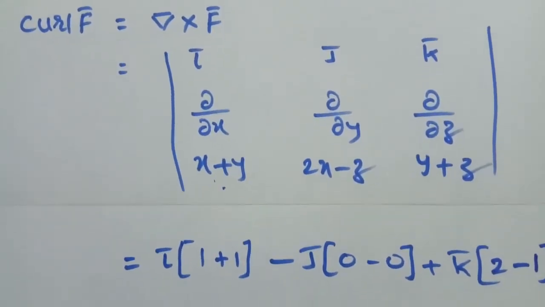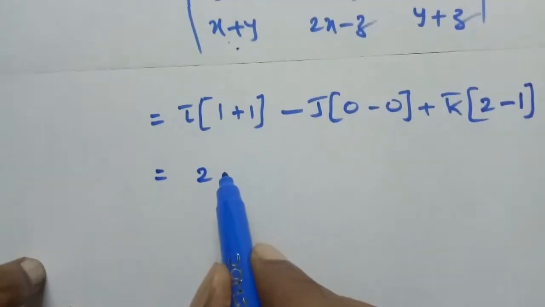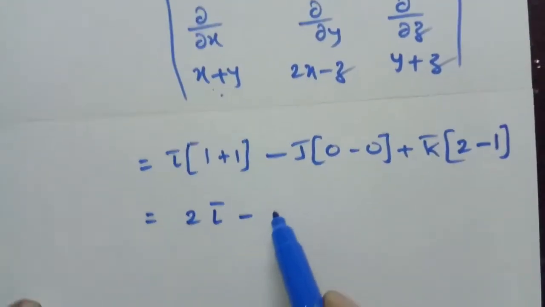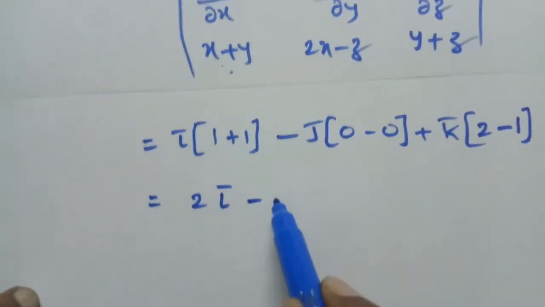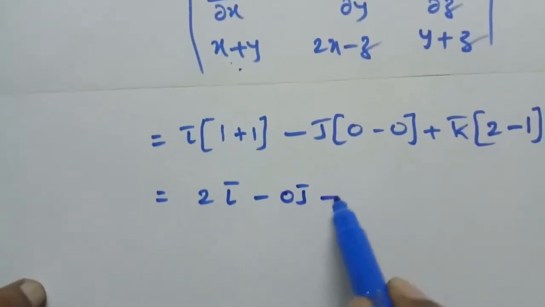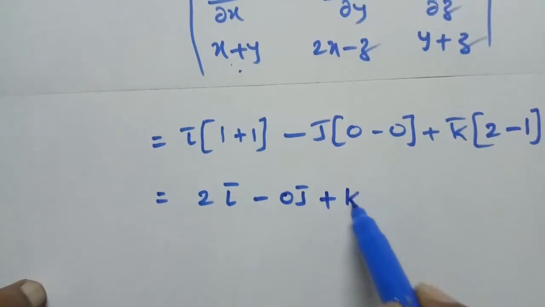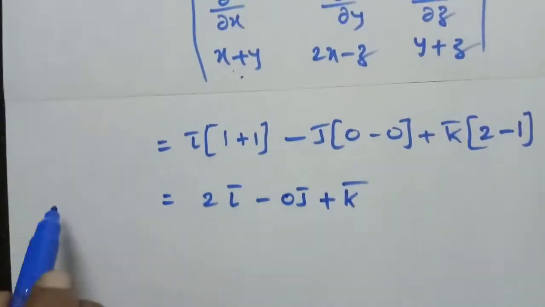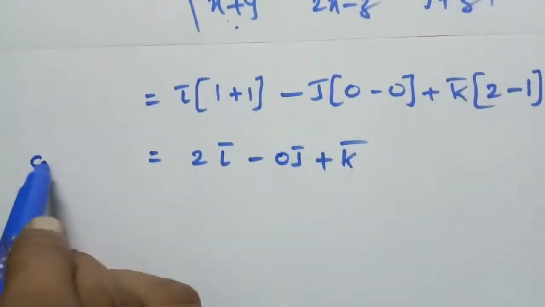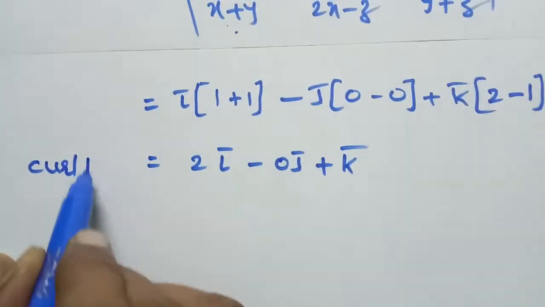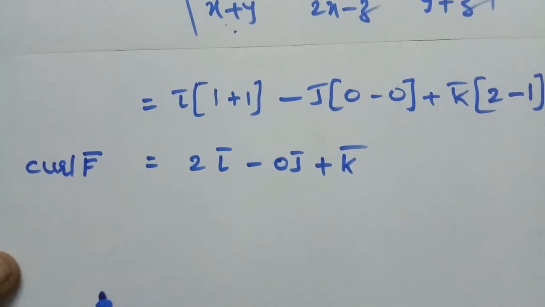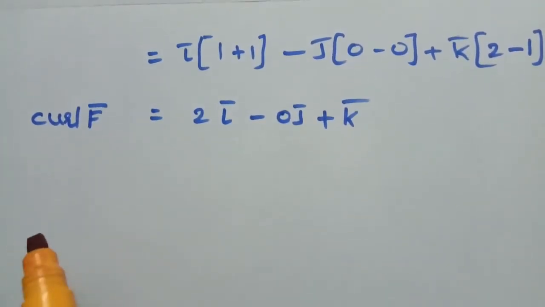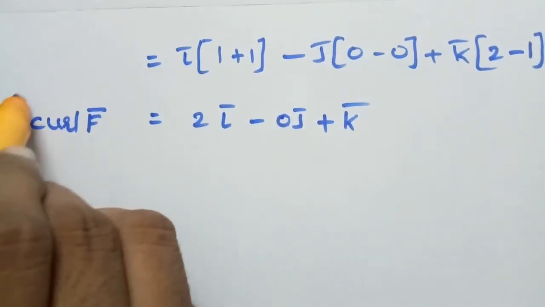Therefore, this is equal to 2 i bar minus 0 j bar plus k bar. This is the curl f bar: curl f bar is equal to 2 i bar minus 0 j bar plus k bar.